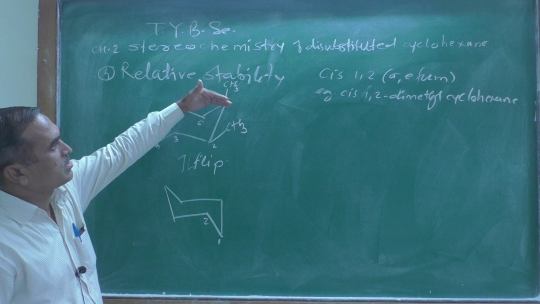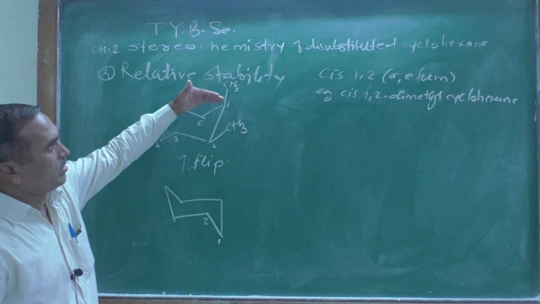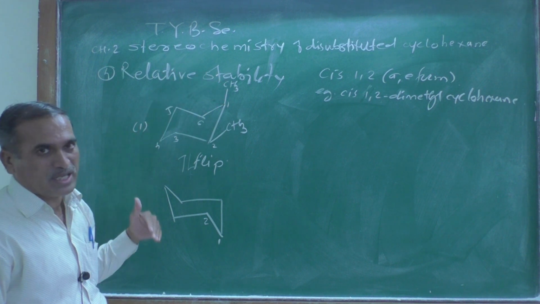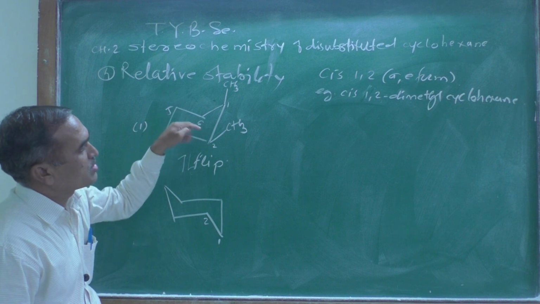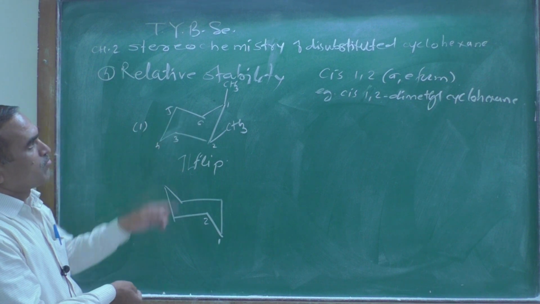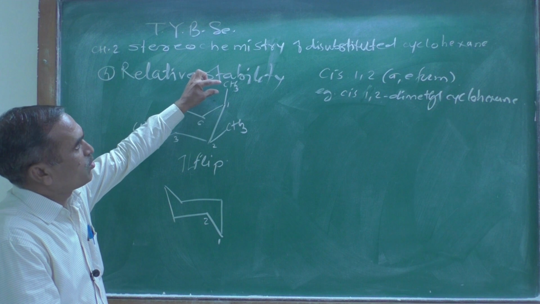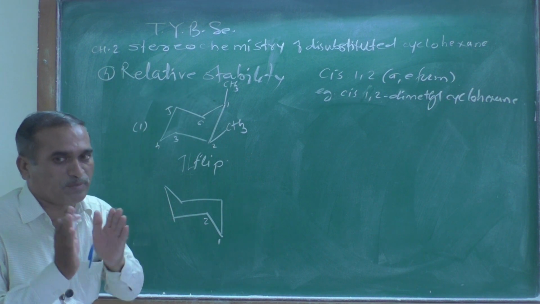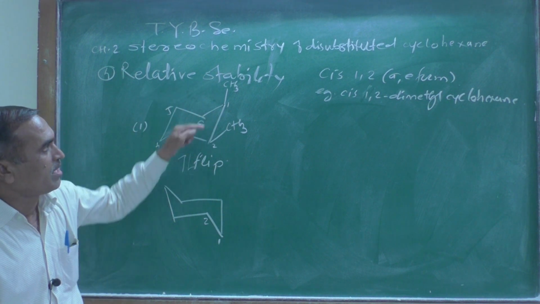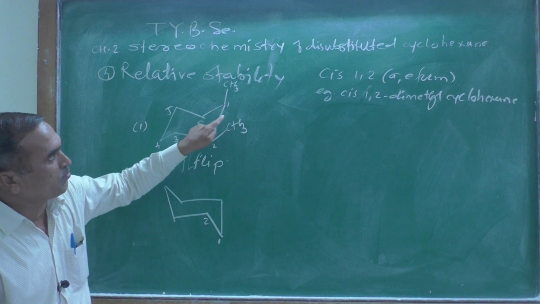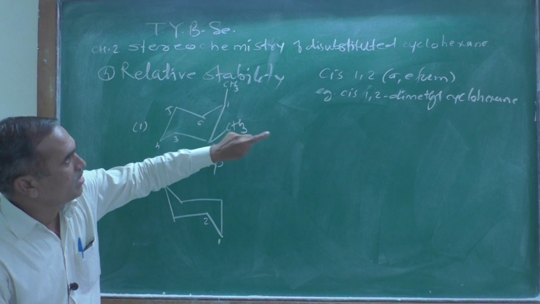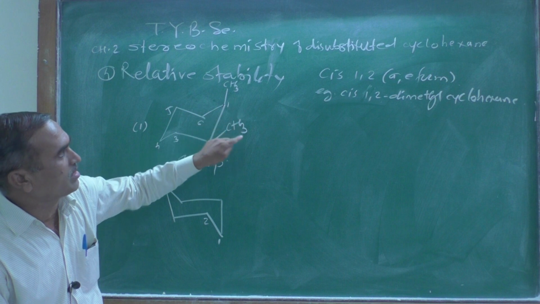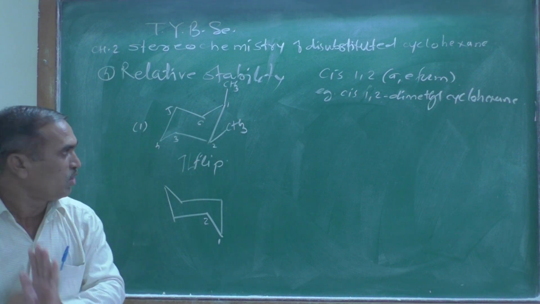Why is it cis? Because both the methyl groups are on the same side of the general plane, and that's why it is called cis. And why 1,2? Because the two methyl groups are the substituents present at the 1 and 2 positions. Dimethyl means 2 methyl groups are there, and that is a cyclohexane.